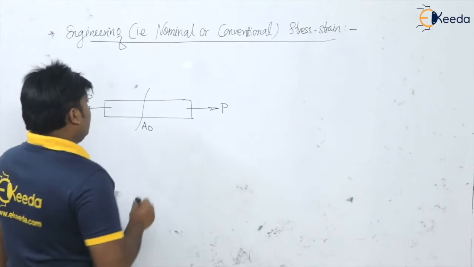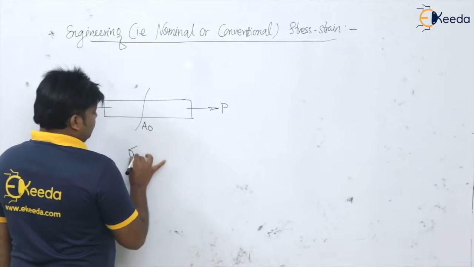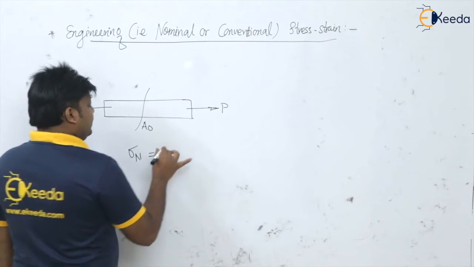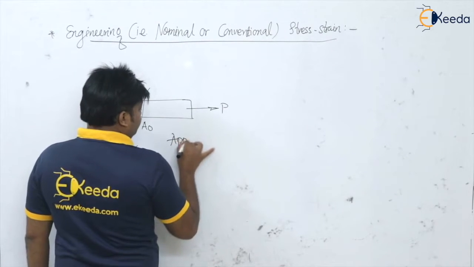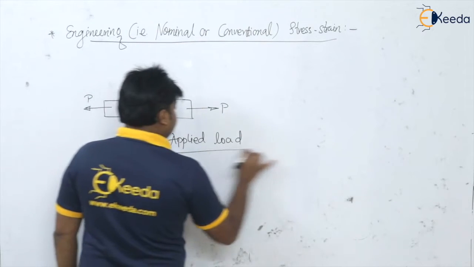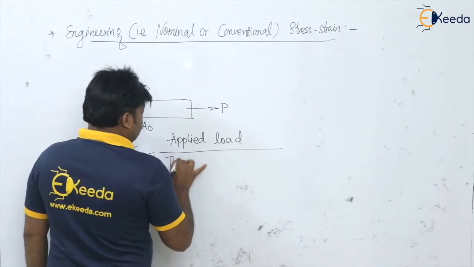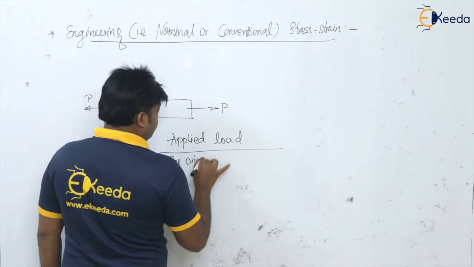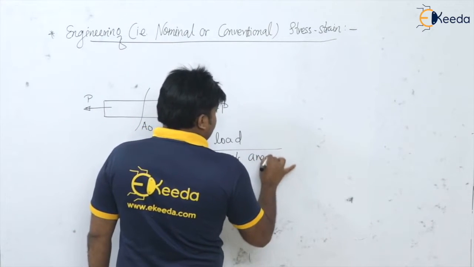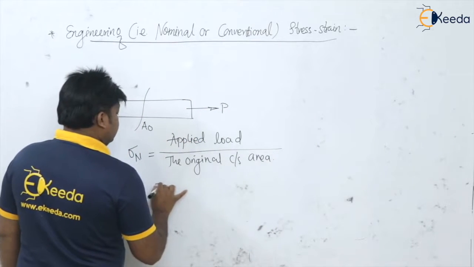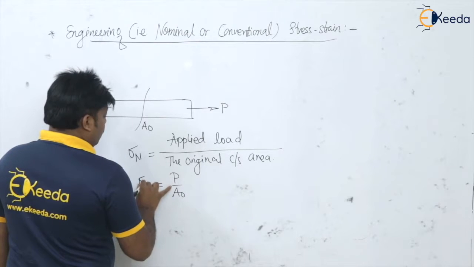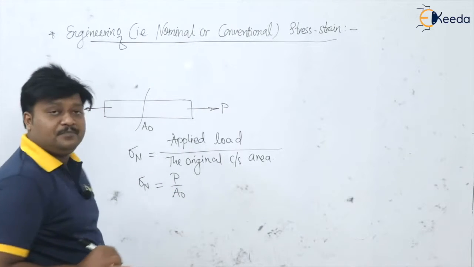When calculating the stress, sigma n, the nominal stress, we use the applied load divided by the original cross-sectional area, and that stress is known as the nominal or engineering stress.